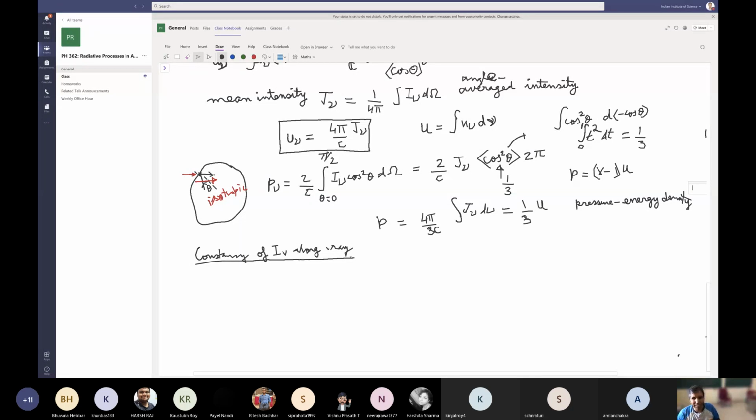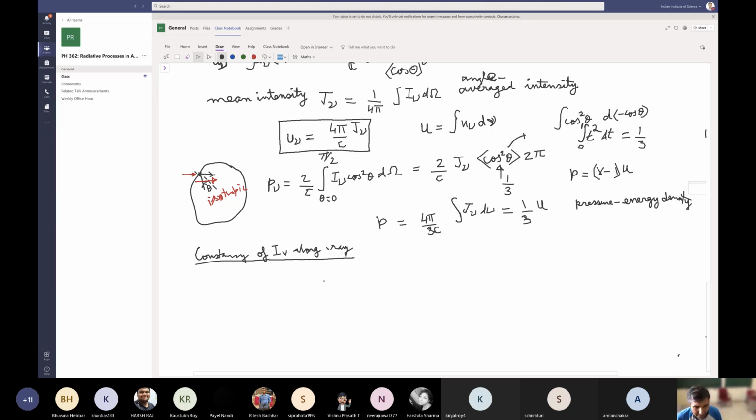Basically, specific intensity is constant in vacuum. If there is no emission or absorption of radiation, then specific intensity is a constant. This is what I want to prove. Let's see.